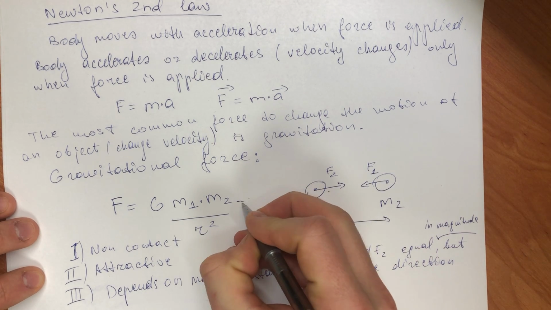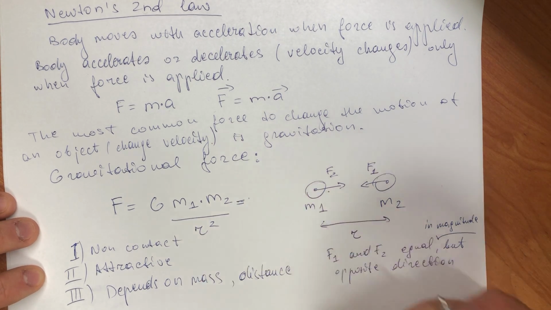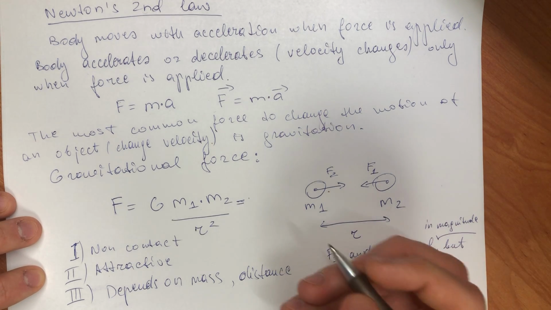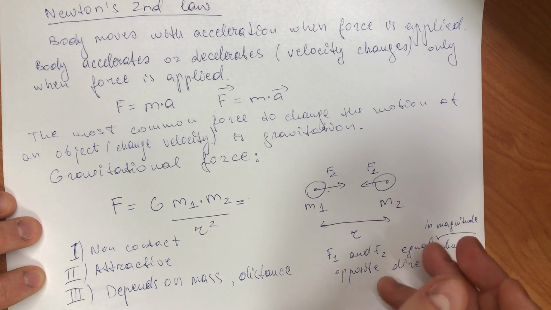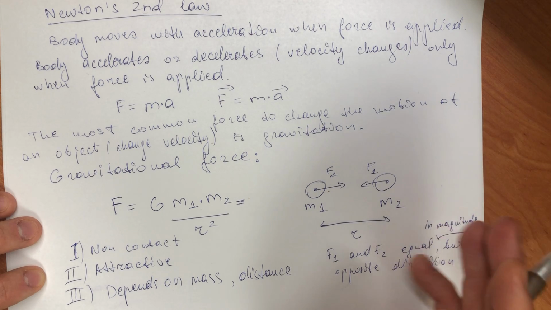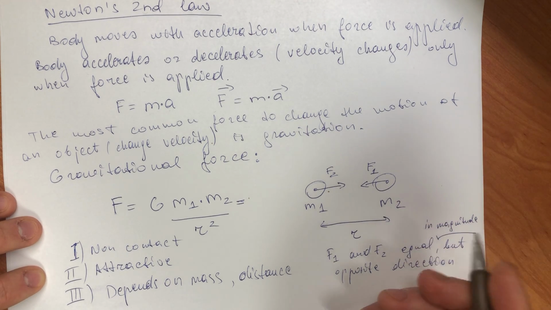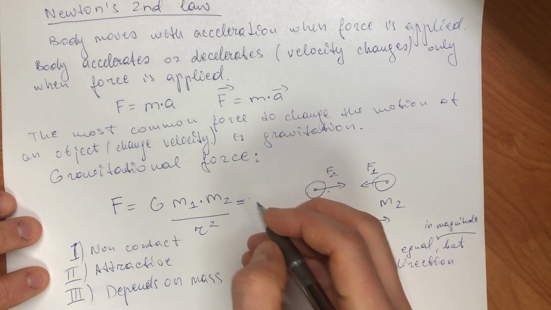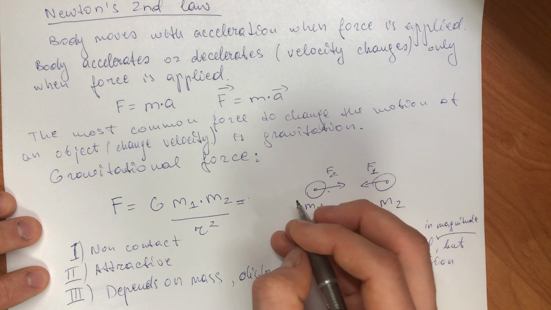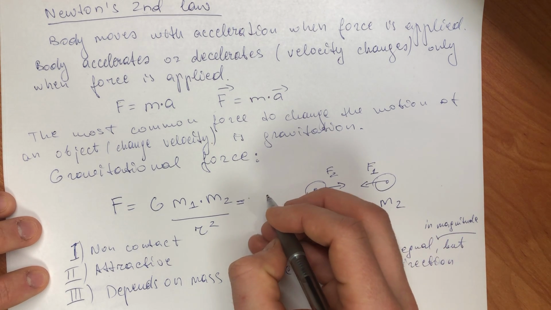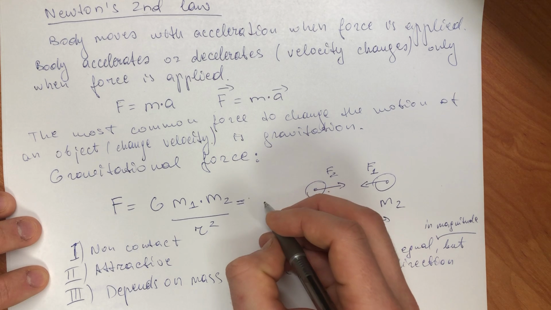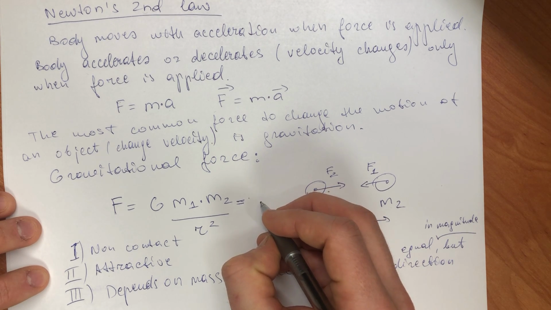So we can write this equation in the form of, when there is a motion performed by gravity, some object is falling down, F is capital G, capital M, small m, over r squared.